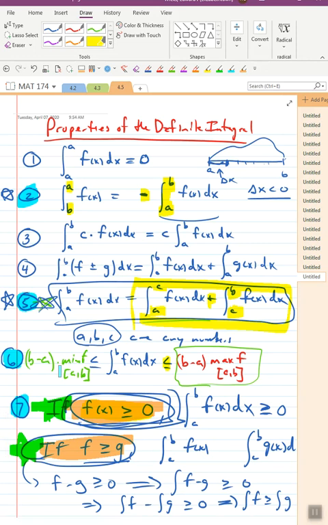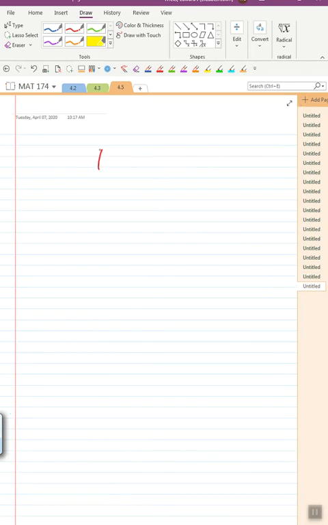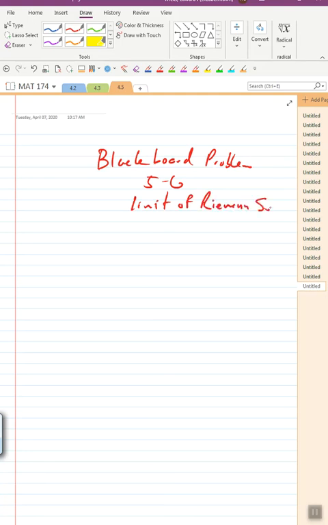So you've got your homework for 4 or 5. I'm also going to put up some Blackboard problems. I'll put those up here this afternoon. There'll be 5 to 6 of those. Those are limit of Riemann sum problems, like the ones we've been doing here. Those will be for turning in.